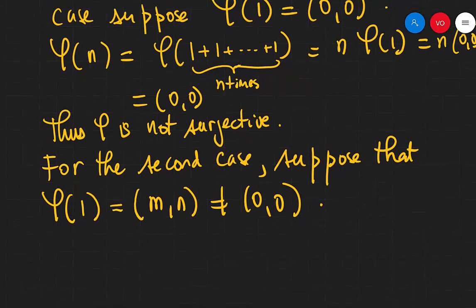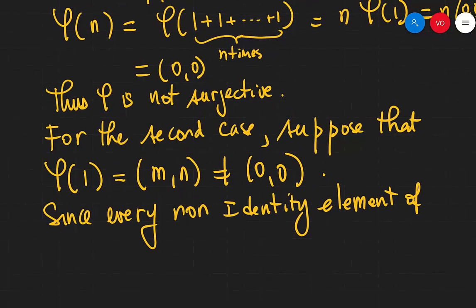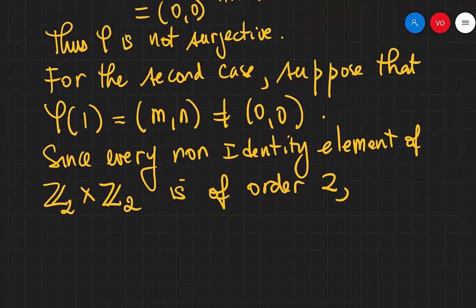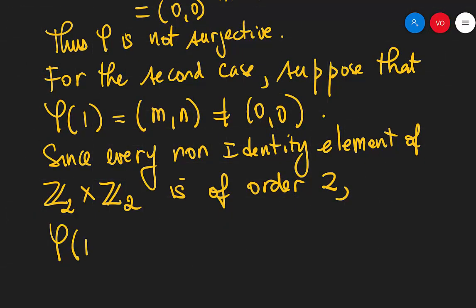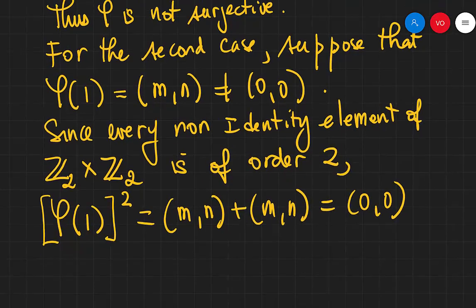Then we've seen that since every non-identity element of Z2 cross Z2 is of order 2, then it must be the case that phi 1 square, which would be Mn square, or if you prefer Mn plus Mn, that must be 0 because this element has order 2.